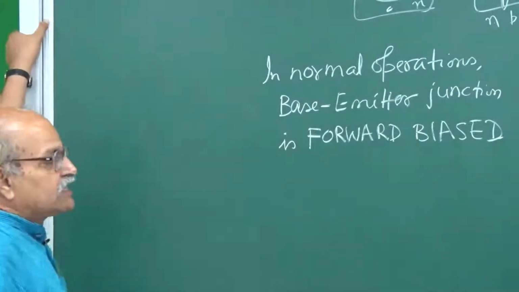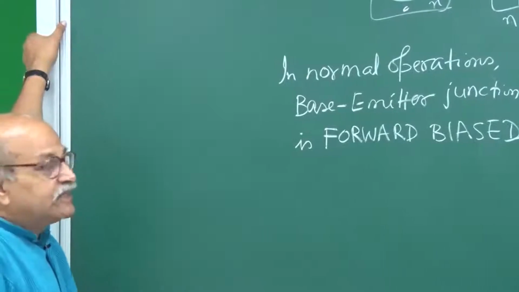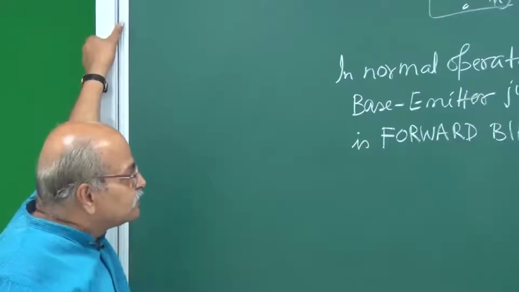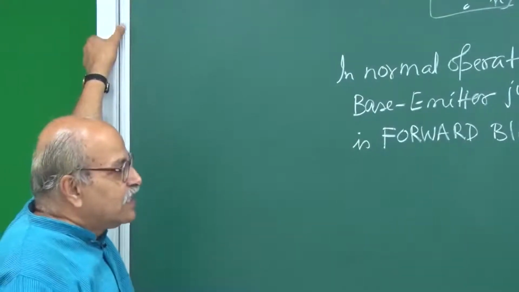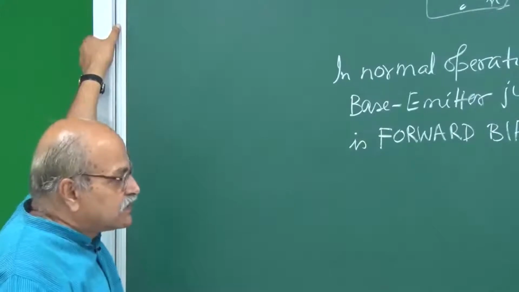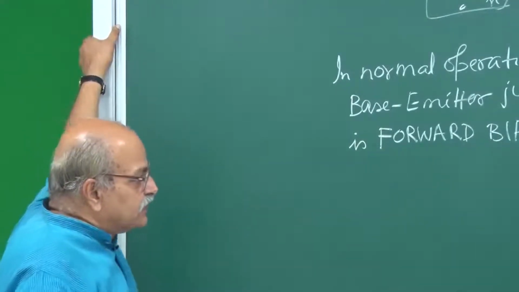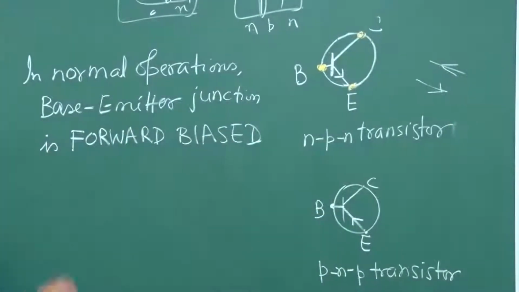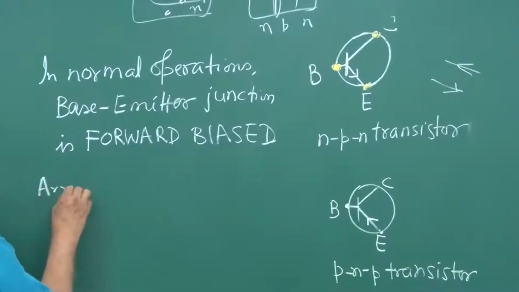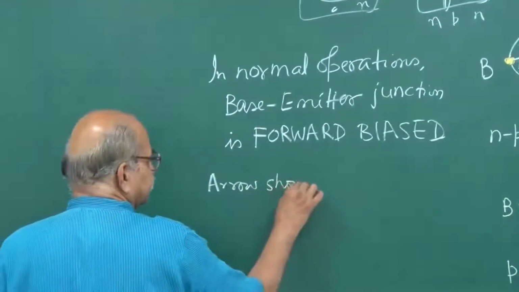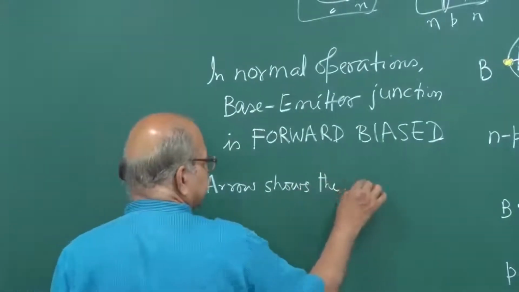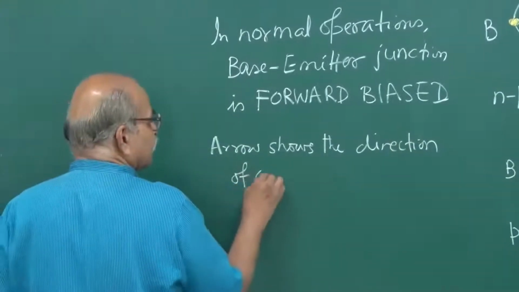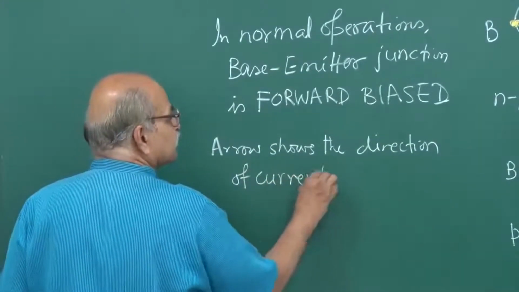The base emitter junction is forward biased in all kinds of applications that we will be using. In general, the base emitter junction is forward biased, and this is valid for PNP transistor as well as NPN transistor. So for both kinds of transistor, this is valid. Then the arrow shows the direction of current at this junction.